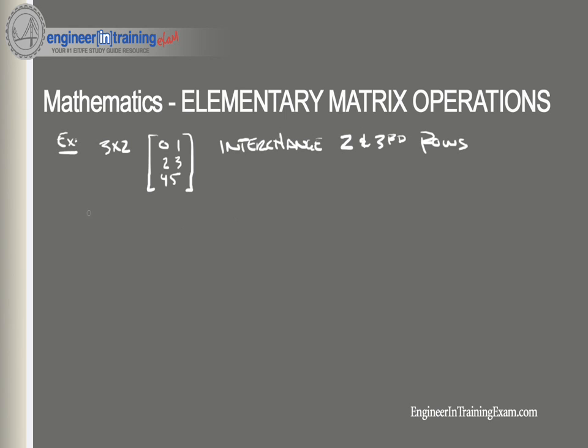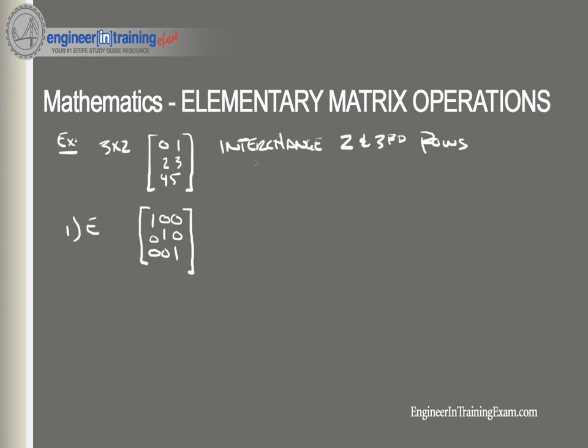This is done by first creating an R by R matrix. So in this case, we have 3 rows. So our identity matrix is going to be a 3 by 3 identity matrix. That's simply illustrated like this. So we have to first create this R by R identity matrix and complete the operation on it. So our operation is interchange the second and third rows.